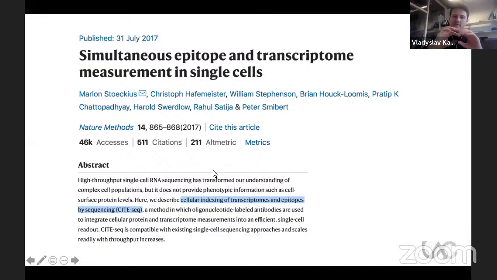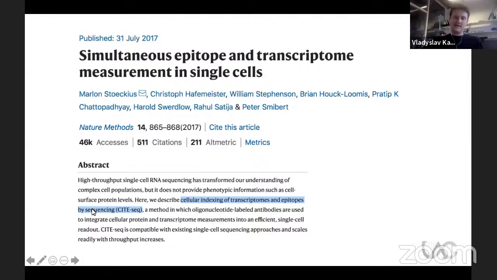So basically you have two parts in that case: a transcriptome and also the proteome information. The method was called CITE-seq, and CITE-seq stands for cellular indexing of transcriptomes and epitopes by sequencing. So basically you have the messenger RNA as the transcriptome that is being targeted by this method, and also the proteins, the epitopes, with the help of this sequencing.